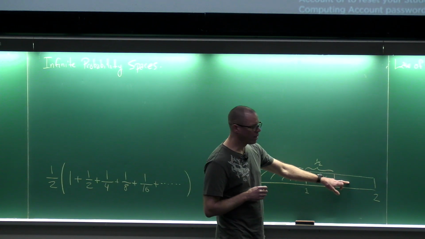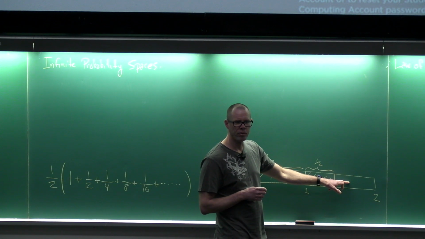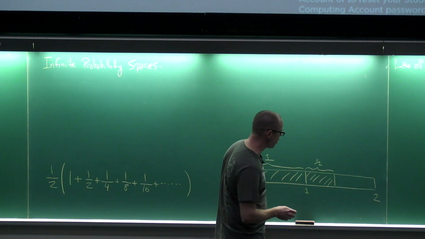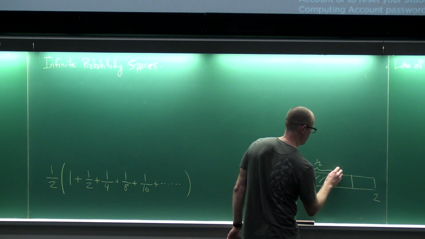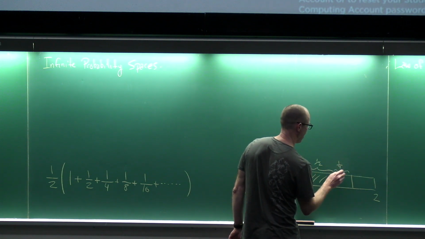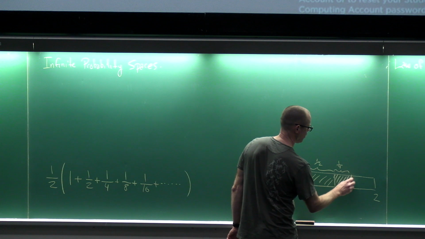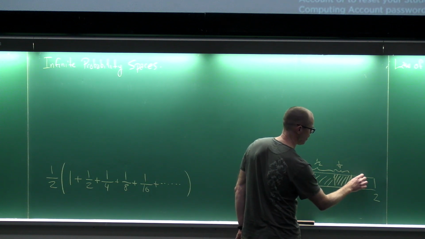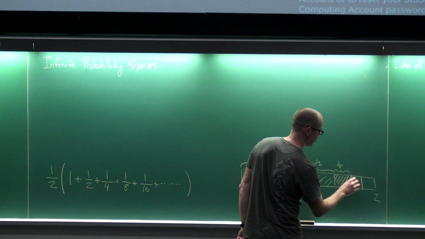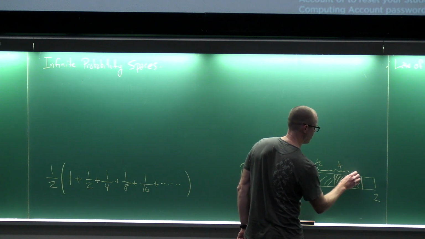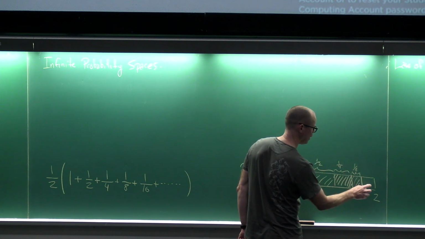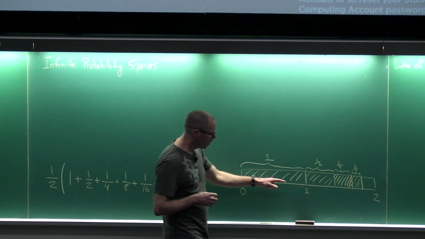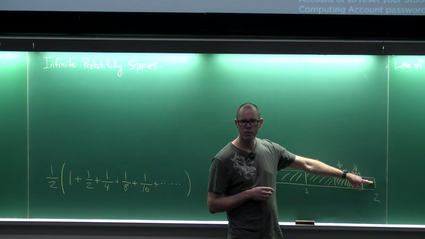So you take that away, and what you're left with is, again, something of length 1/2. And now the third term is 1/4, which is half of that thing, leaving us with 1/4. And then the fourth term is 1/8, which is again half of what's left, leaving us with 1/8. And I can do this forever, and I'll never quite get to 2.